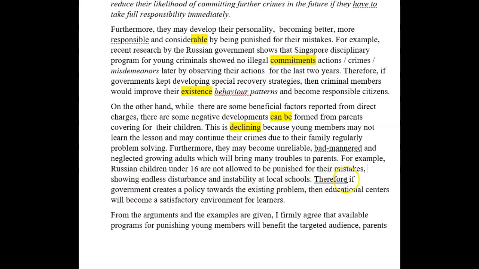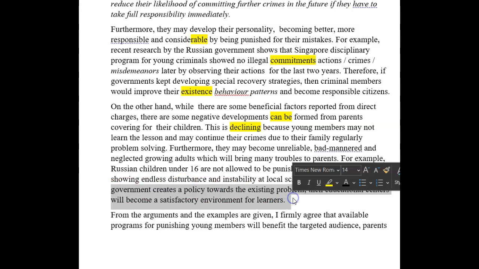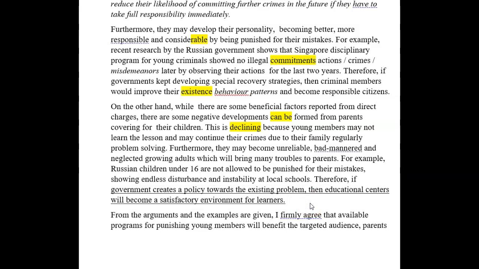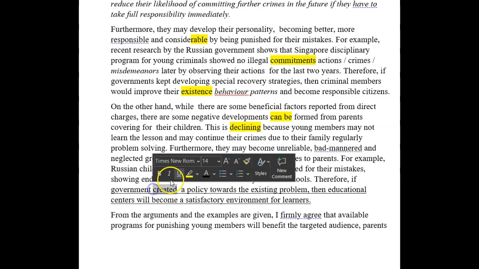Good. Therefore, comma, if the government created, I think this is what I said last time, do a second conditional in this one. Don't do first conditional every time, otherwise it looks a bit unspontaneous. But you could do a past one: if they created, because it hasn't happened, but if it happened, if they created a policy, educational would become.